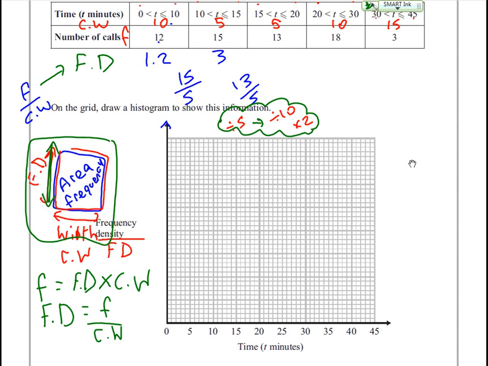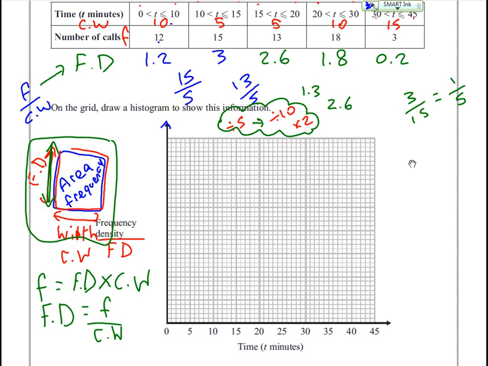So 1.3 when you divide it by 10, times it by 2, is 2.6. 18 divided by 10, 1.8. 3 divided by 15, divide by 3 top and bottom, 1 over 5, 0.2. Not very nice calculations there, but we got there eventually.